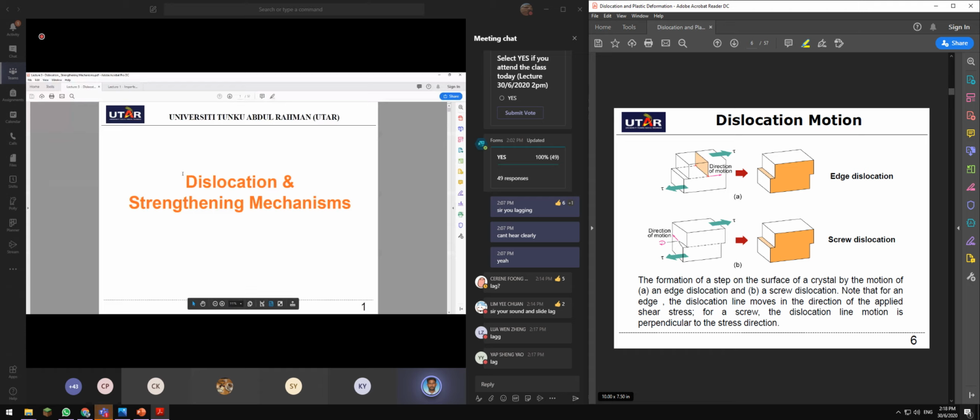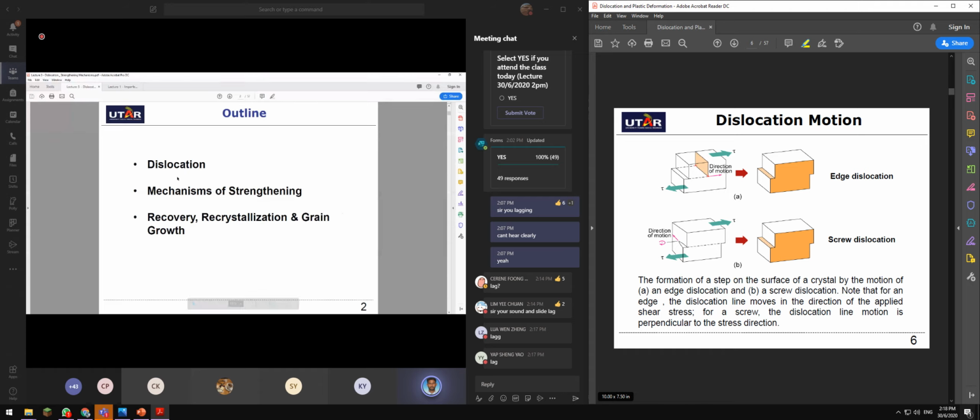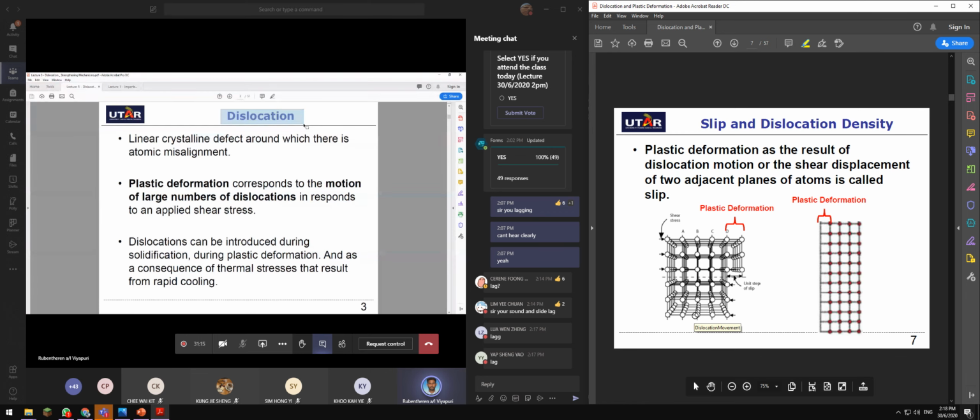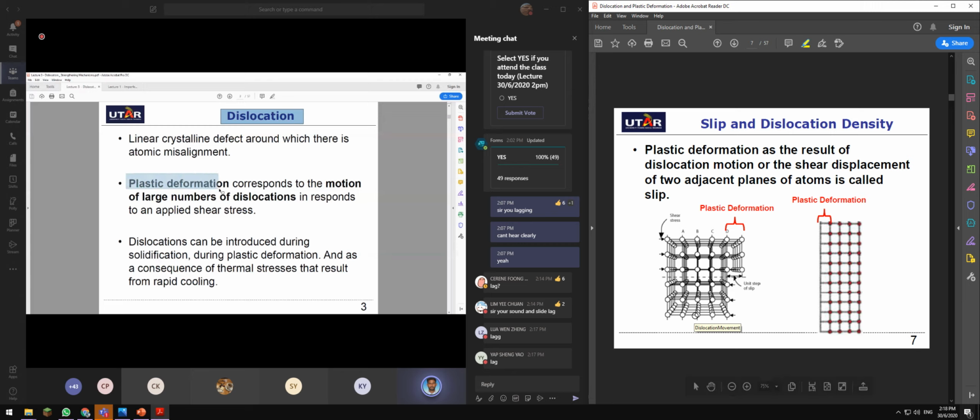We are talking about dislocation and strengthening mechanisms. For today's lecture, I'll be discussing dislocation and a bit on the mechanism of strengthening. Since the beginning of the class, I've lectured you on what dislocation is and the effect of dislocation, which is plastic deformation.